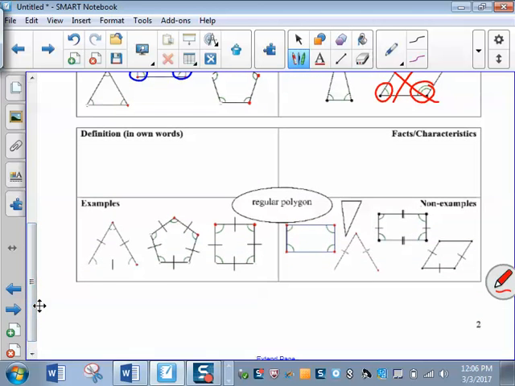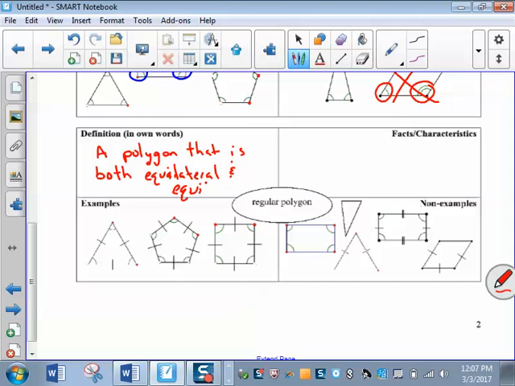And last we have a regular polygon. A regular polygon is a polygon that is both equilateral and equiangular. So previously when we had been discussing triangles, we said that if it was equilateral, then it had to be equiangular. Well, that's not true for all polygons.